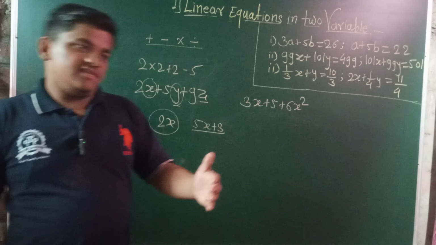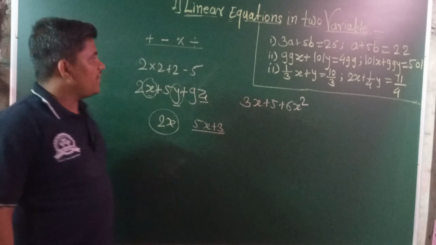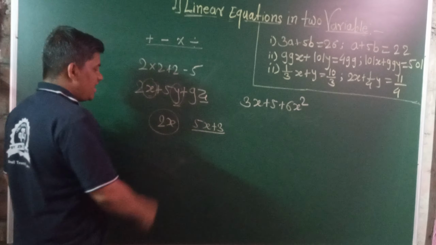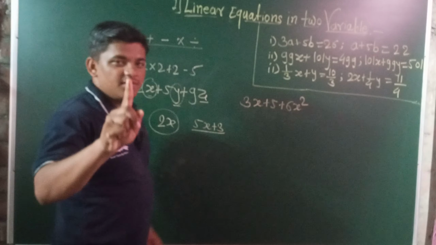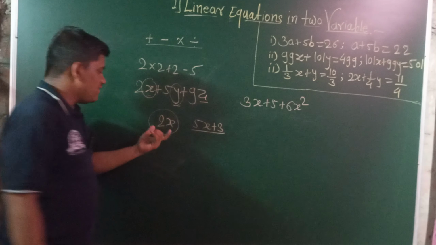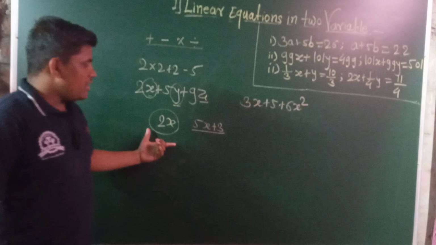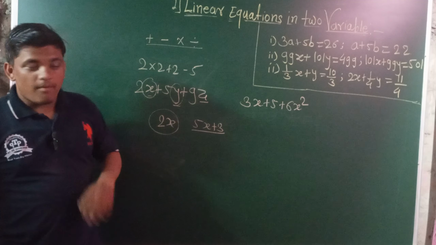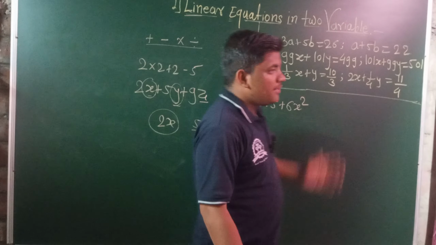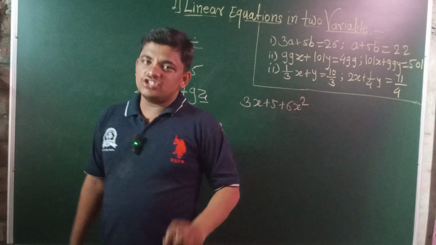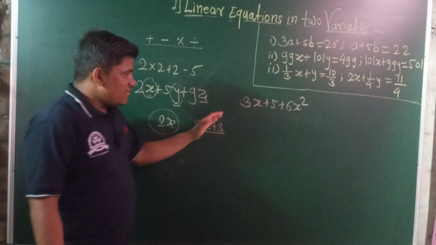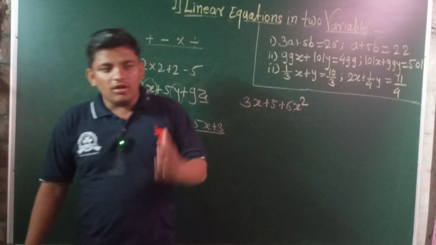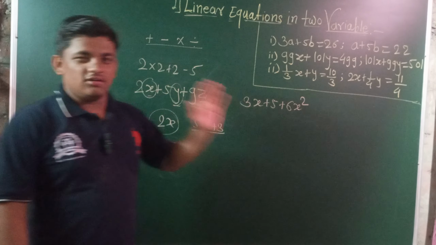So the first category of classification of polynomials is with the help of the number of terms present in the equation. If a single term is present, the equation is known as a monomial. If two terms are present, it is known as a binomial. If three terms are present, it is known as a trinomial. Also known as polynomials: poly means many, nomials means terms.